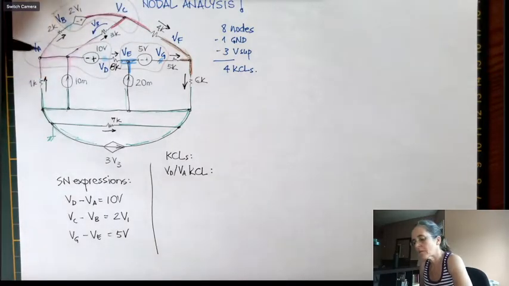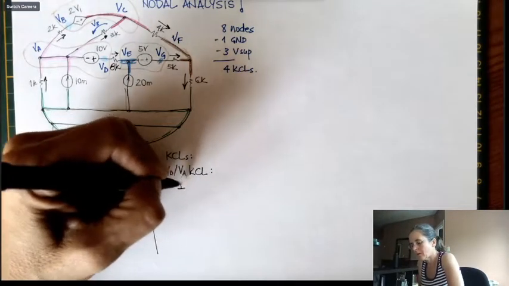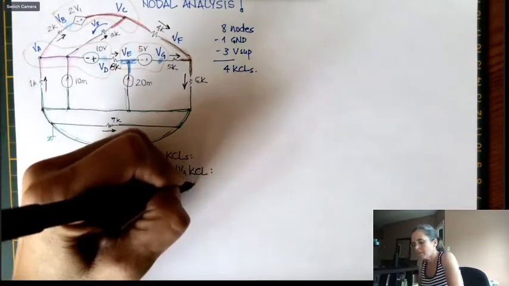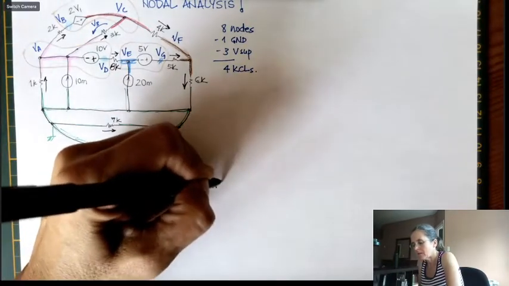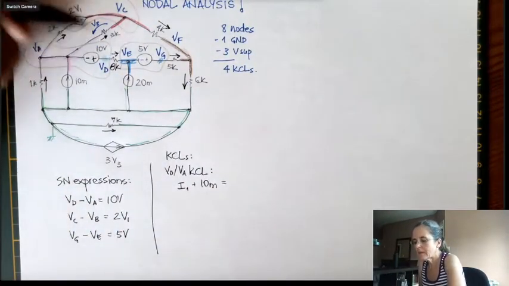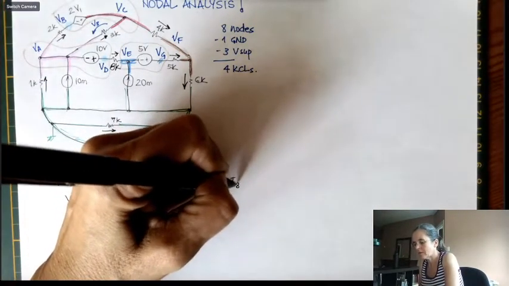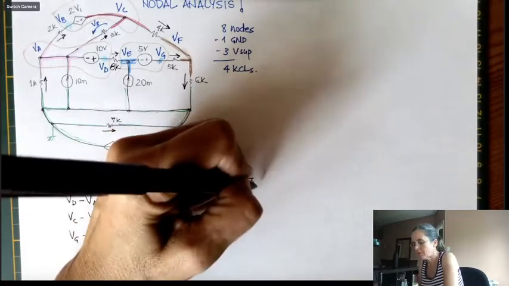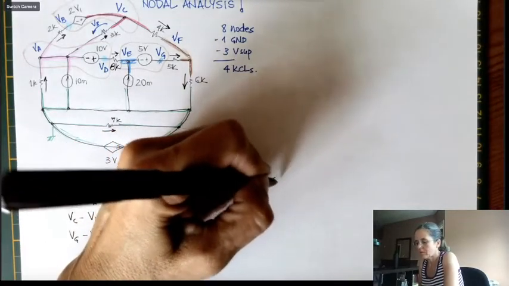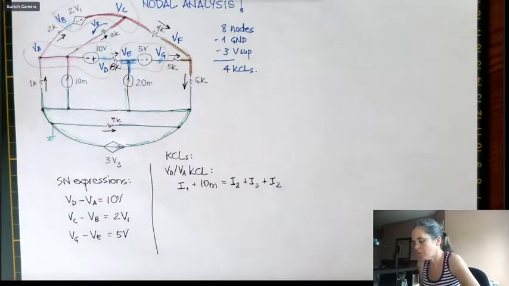And so I am looking at both the pink and this blue here, and there are these two currents coming in, which are I1 plus 10 milli equals I8 plus I3 plus I2. If you don't understand this, make a comment on this video so that I explain it in more detail.